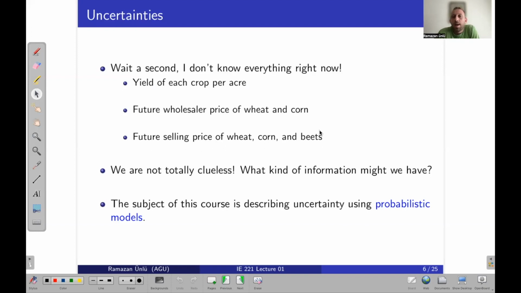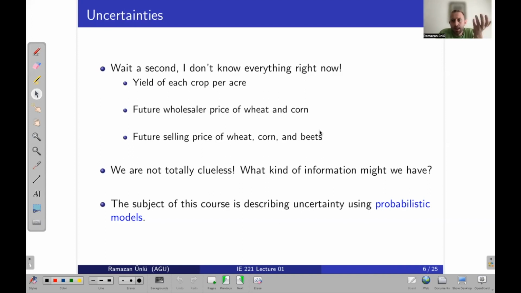Actually, after your graduation, this will be one of your main jobs, which we call operations research. You can create some math model, and you can easily solve these questions, so you can maximize your benefits. But in this case, as I said before, we are missing three pieces of information.